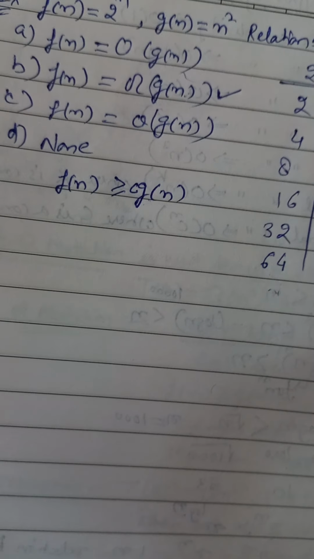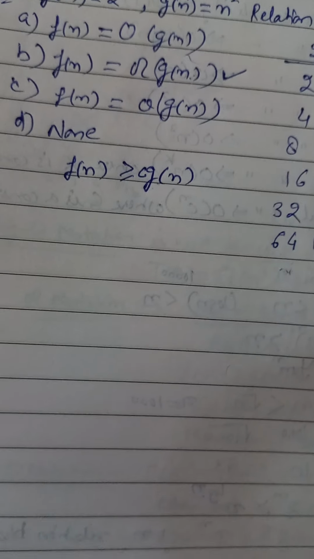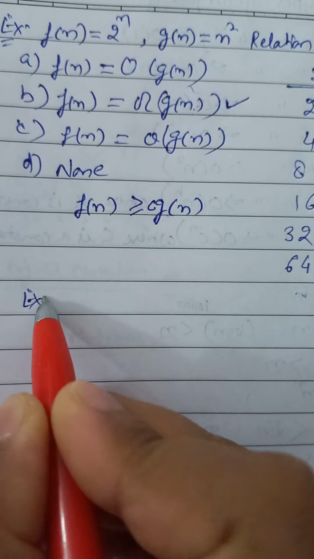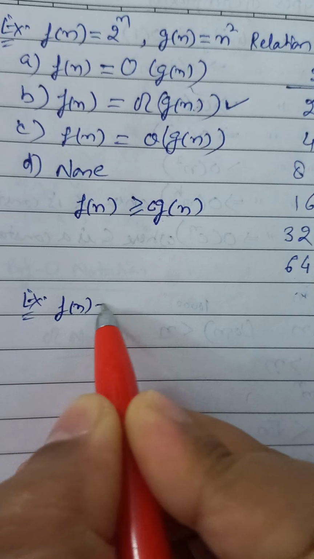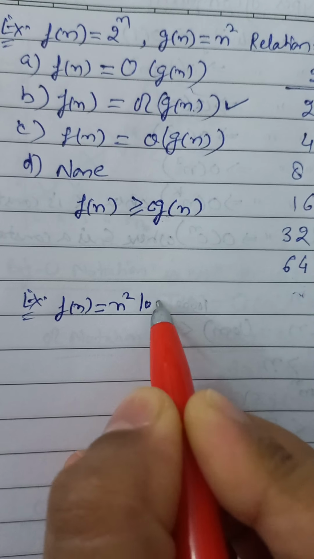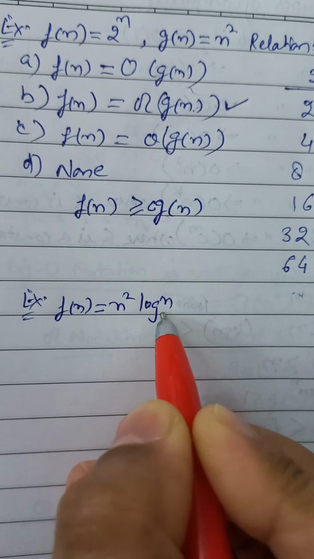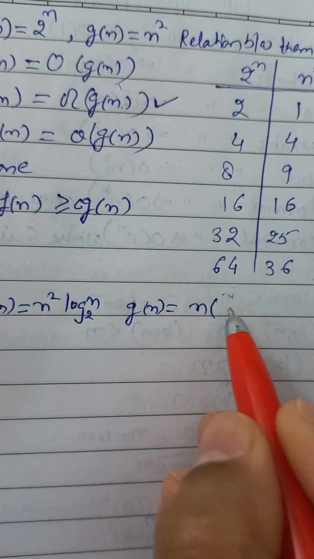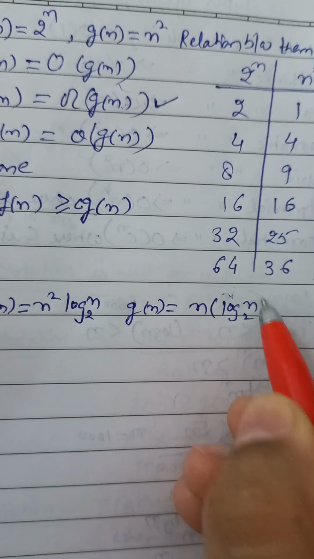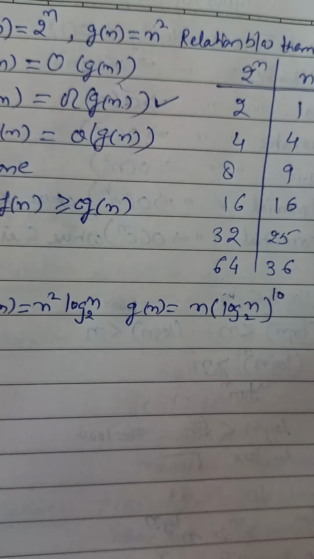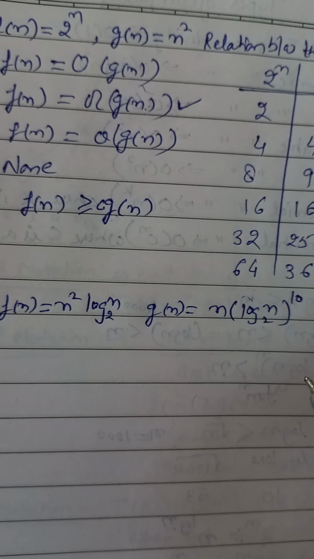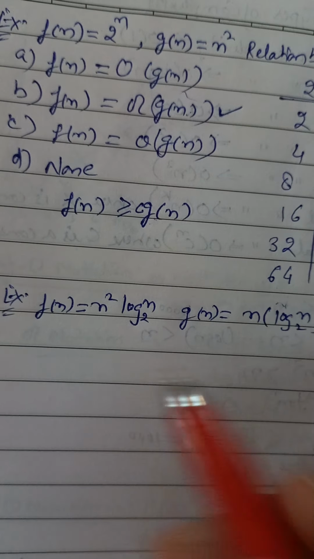Now move to the next example. Suppose we have Fn is equal to n square log n base 2, and Gn is equal to n log n base 2, power 10, and we need to find out the relationship between them.